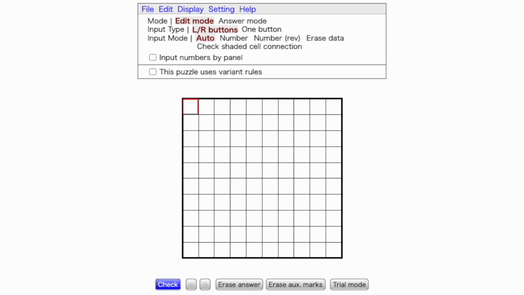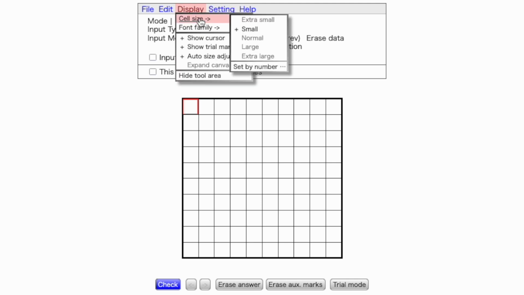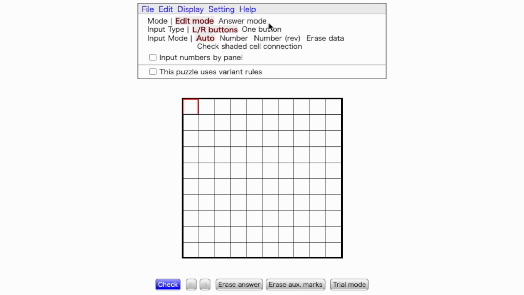Today I am constructing a Nurikabe puzzle, and I'm using the puzz.link editor. When it's a PuzzLink supported genre, this is usually where I would prefer to do my setting work because it allows me to quickly switch between edit mode and answer mode.